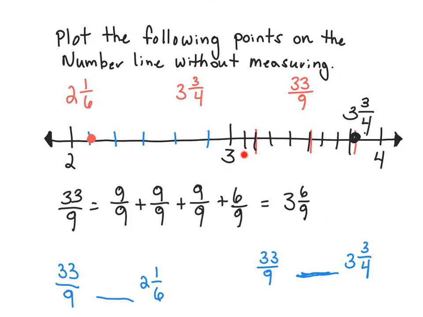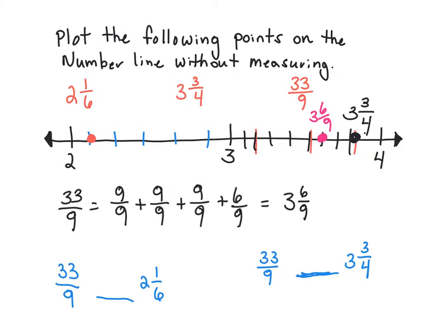Well, here we have 3 and 1/9, 2/9, 3/9, 4/9, 5/9, 6/9. So 3 and 6/9 is basically going to live right here. So this is 3 and 6/9.